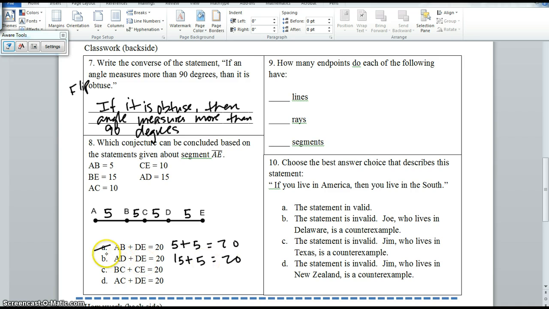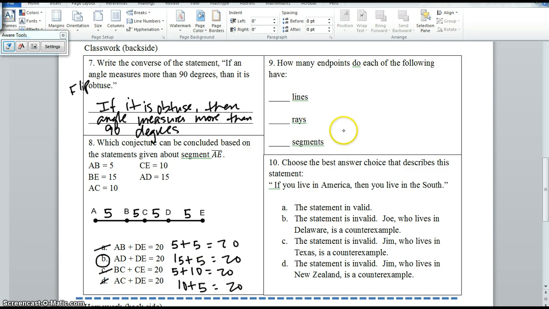Is that true? Yeah. BC 5 plus CE 10 gives me 20. True? Nope. AC 10 plus DE 5 equals 20? No, not true.